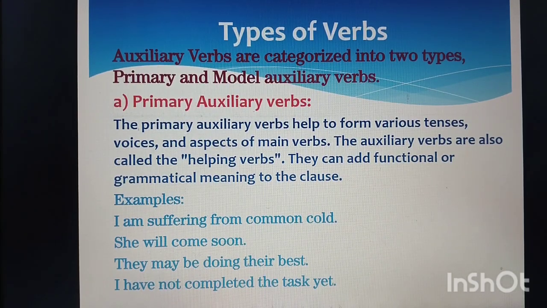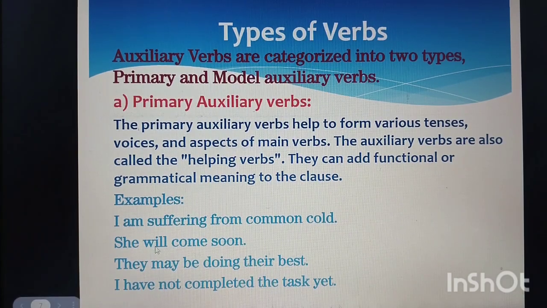They can add functional or grammatical meaning to the clause, to the given sentence, it can give some meaning, okay? By helping the main verb, it can give some meaning. That's why the primary auxiliary verb is the main thing here, to help the main verb for giving certain clues, certain meaning, certain ideas.